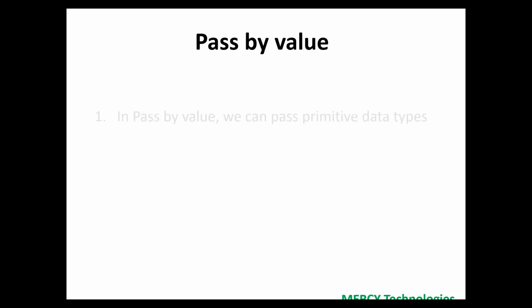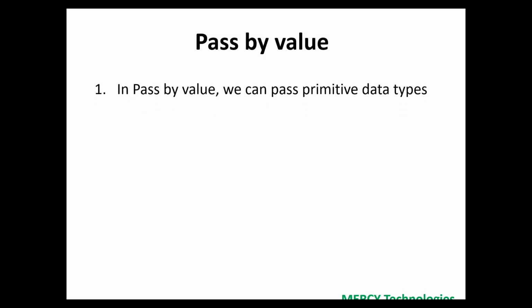So what is meant by pass by value? In pass by value, we have already seen that whenever we are calling a method, we can pass primitive data types as arguments.